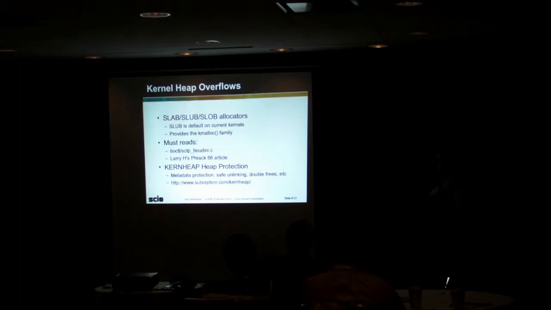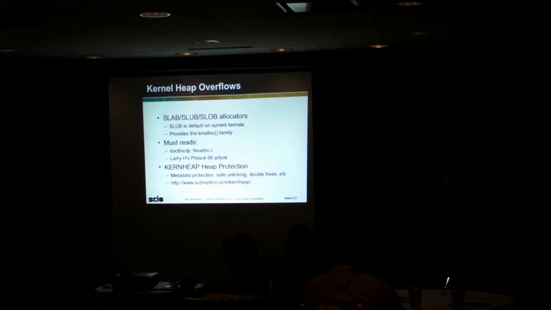And we could spend an entire talk talking about the intricate details of these allocators. Larry H. in Phrack 66 wrote an awesome article, pretty recent too, essentially summarizing the history of all the allocators and going through the various exploitation conditions, which are pretty standard if you are used to exploiting a heap, unsafe unlinking vulnerabilities.